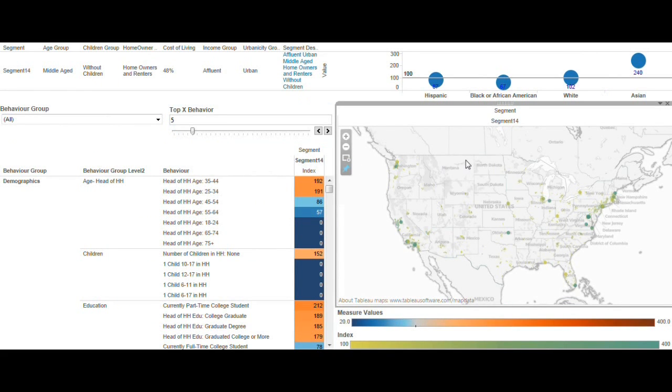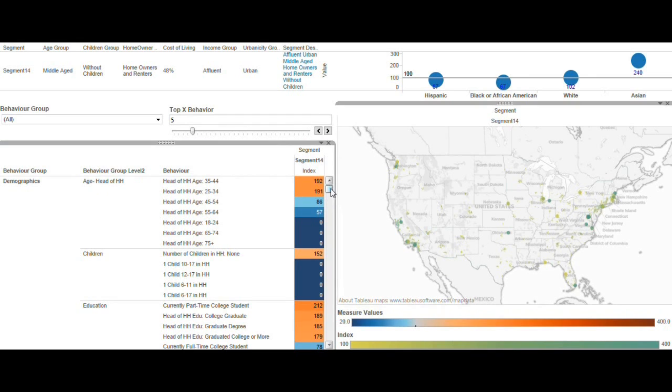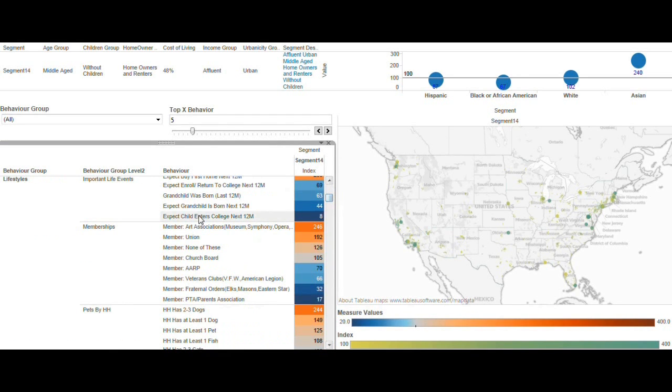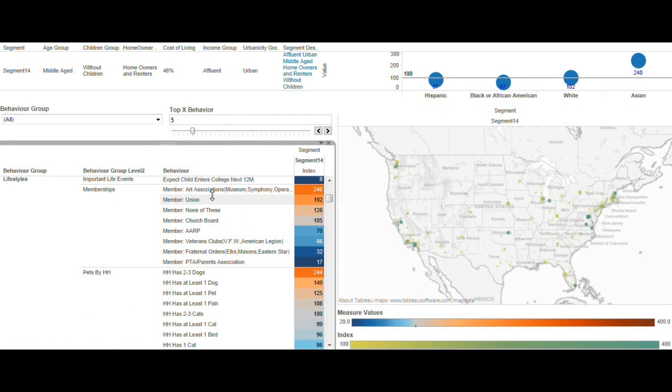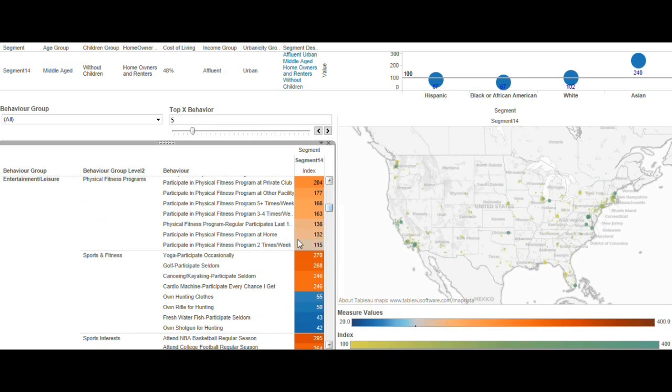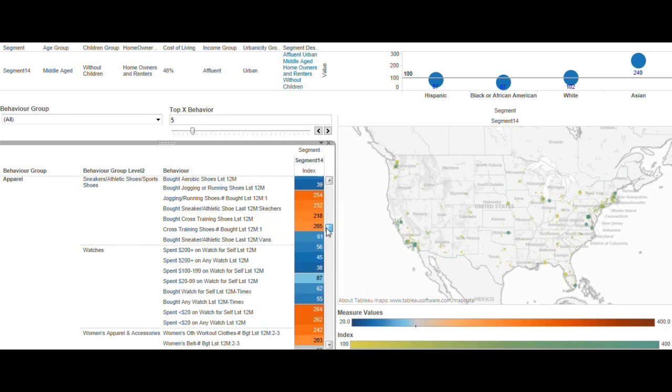We can see where they are located, what the main zip codes in the US are, and we can also see the different demographics and lifestyles. That specific segment, for example, indexes high on being a member of an art association, and they index high on sports and fitness, yoga.